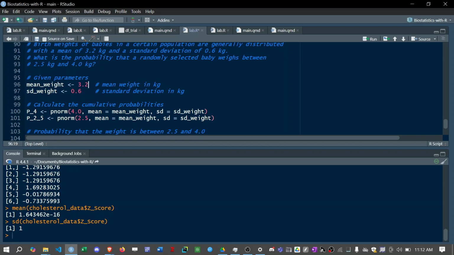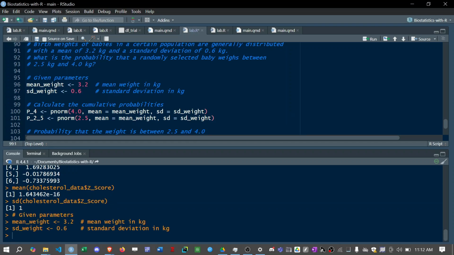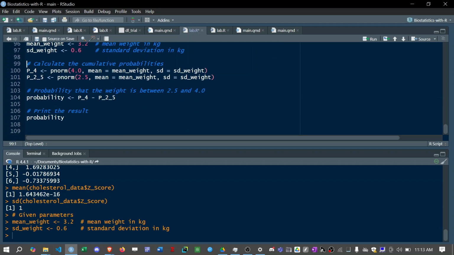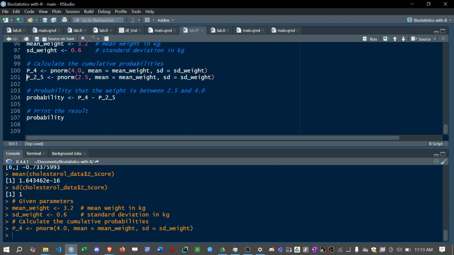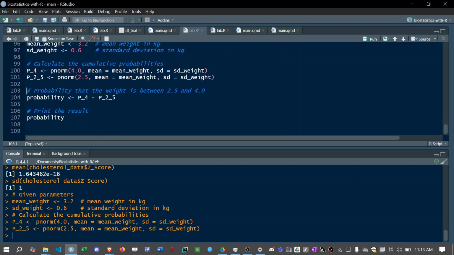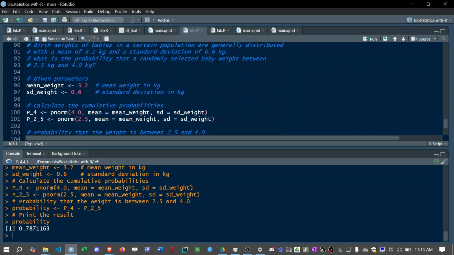So our mean weight is 3.2, standard deviation is 0.6, and for the cumulative probabilities, which is pnorm, we use 4.0 and then 2.5. Then we subtract that of 2.5 from that of 4, and we get the probability, which is 0.79. So this is the probability that a selected baby weighs between 2.5 and 4.0 kg.